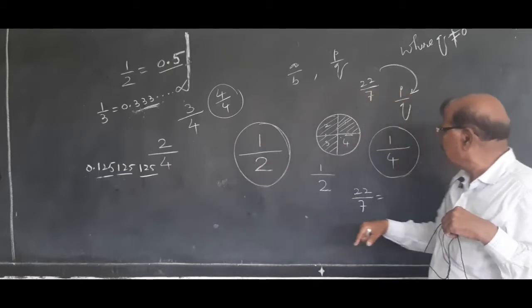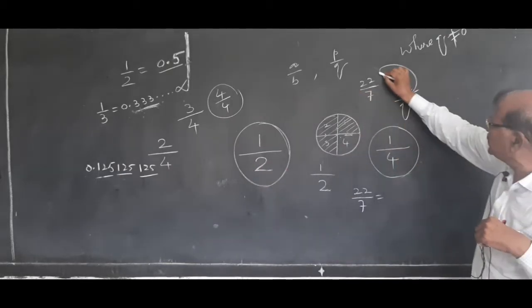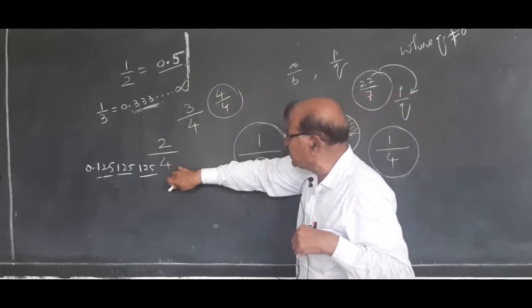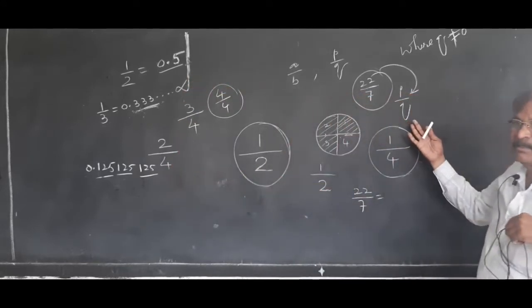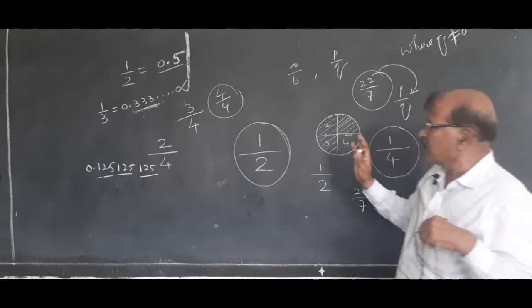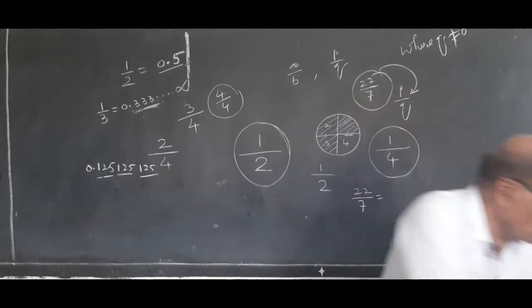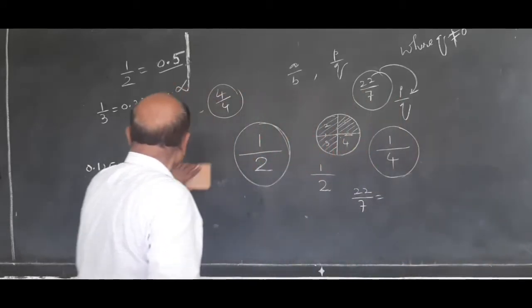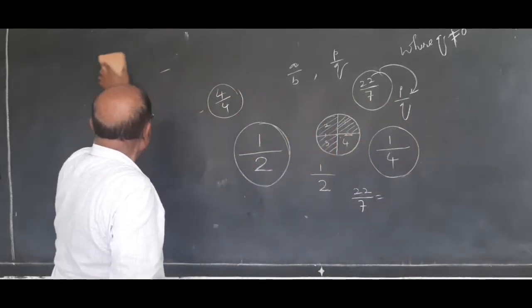Whereas in irrational numbers, you don't find either terminating or any pattern. I think the concept is very clear about rational numbers.